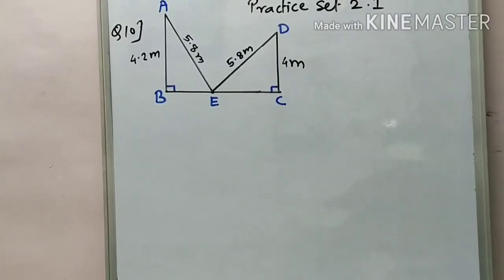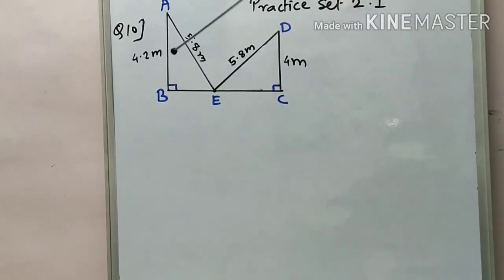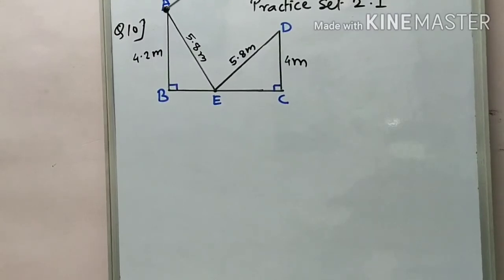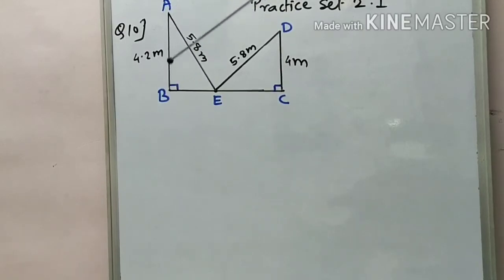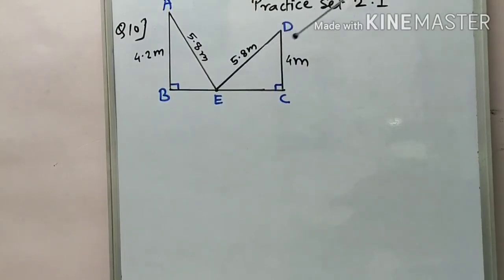Okay, and as we turn the ladder to the opposite building, the top of the ladder touches at point, suppose at point A, at the window of that building, at the height of what, 4.2 meters. Getting this? Means the length of the ladder is not changed. Ladder's length is given as 5.8 meter.